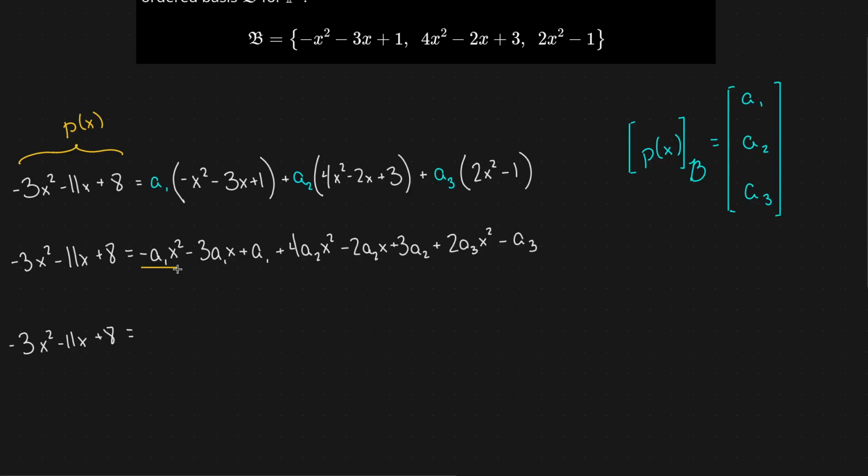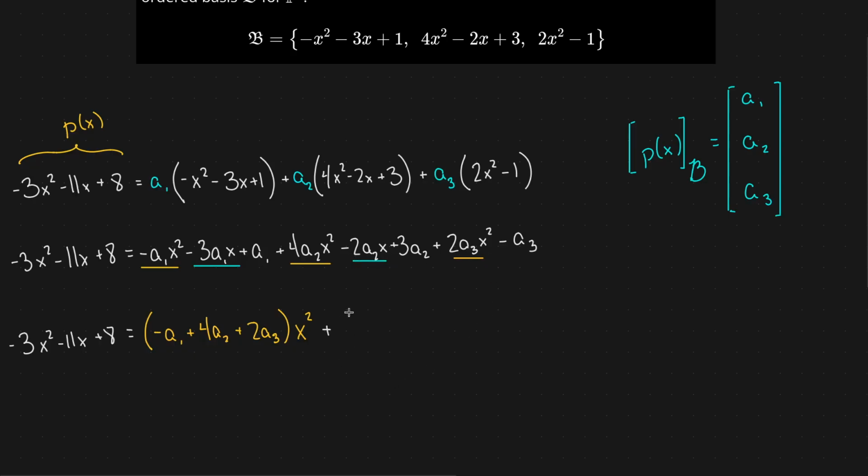So I have my x squared term, an x squared term, an x squared term. Let's combine them. I get negative A1 plus, sorry, let's go plus 4A2 first, plus 2A3, x squared. Now let's do the x terms, x to the power 1.